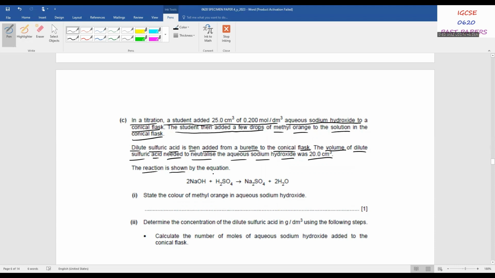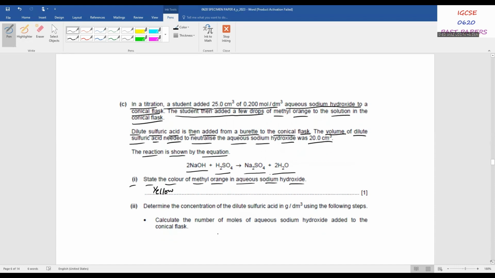The reaction is shown by the equation 2NaOH plus H2SO4 gives Na2SO4 plus 2H2O. Number one, state the color of methyl orange in aqueous sodium hydroxide. Sodium hydroxide is alkali. So in alkali, methyl orange gives yellow color.